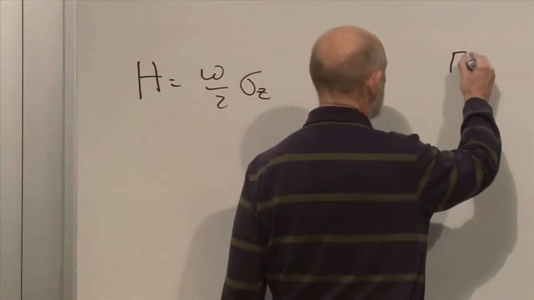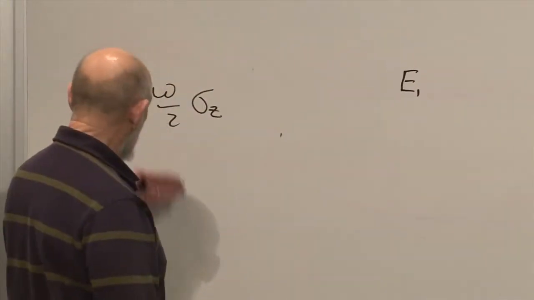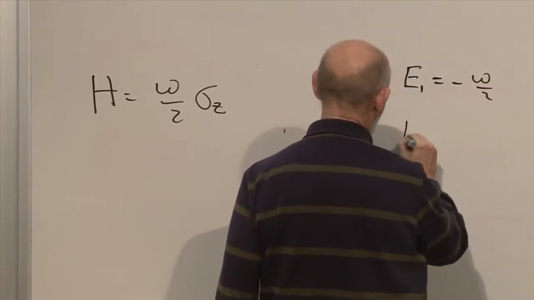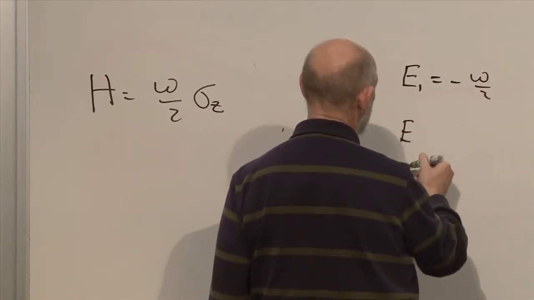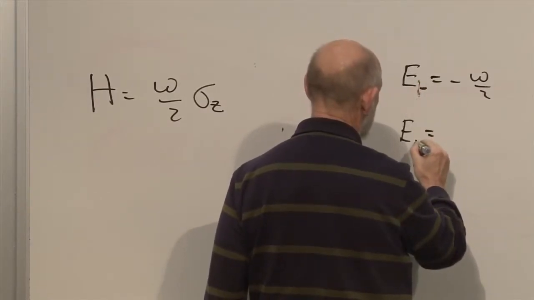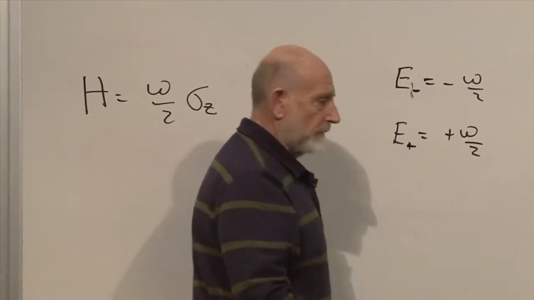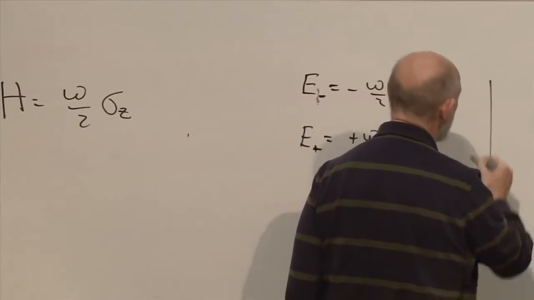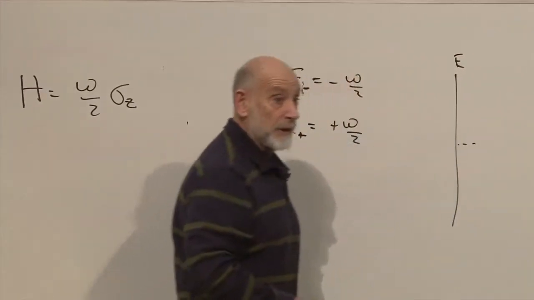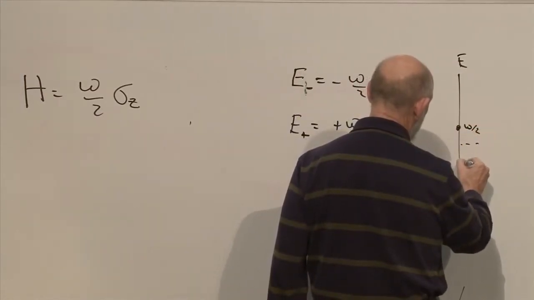The lower of the two eigenvalues is minus omega over 2, and the upper one we could call E minus, and E plus is plus omega over 2. So there are two energy levels. If we drew an energy level diagram, we would have two eigenvalues. Zero would be over here, but that would not be one of them. And then we would have omega over 2 and minus omega over 2.